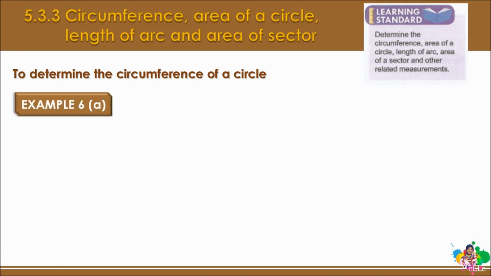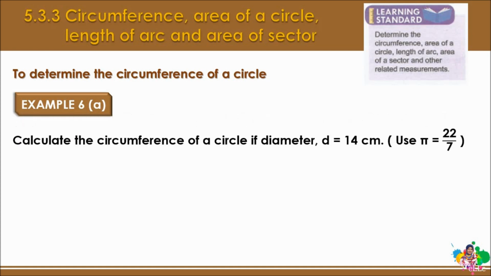With reference to example 6 in your textbook, calculate the circumference of a circle if the diameter d equals 14 centimeter. Use pi equals 22/7. In the previous lesson, you have learned the formula to find circumference.